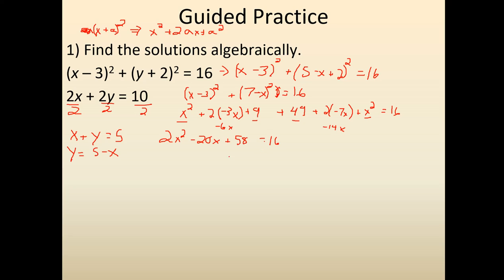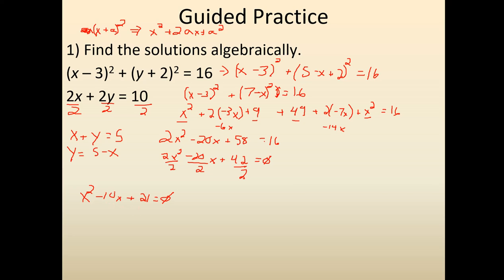Equals 16. Subtract the 16 over, and I end up getting 2x squared minus 20x plus 58 minus 16, which is 42. I can divide all my terms by 2. So this ends up becoming x squared minus 10x plus 21 equals 0.